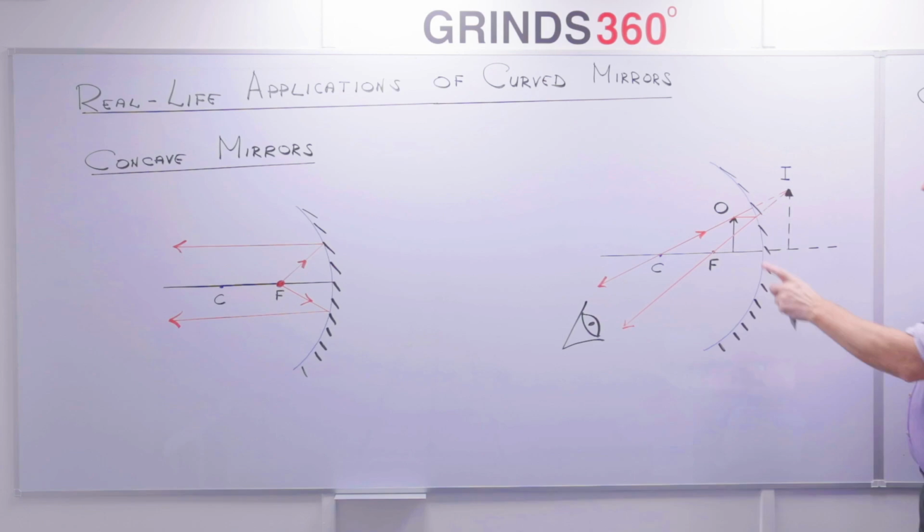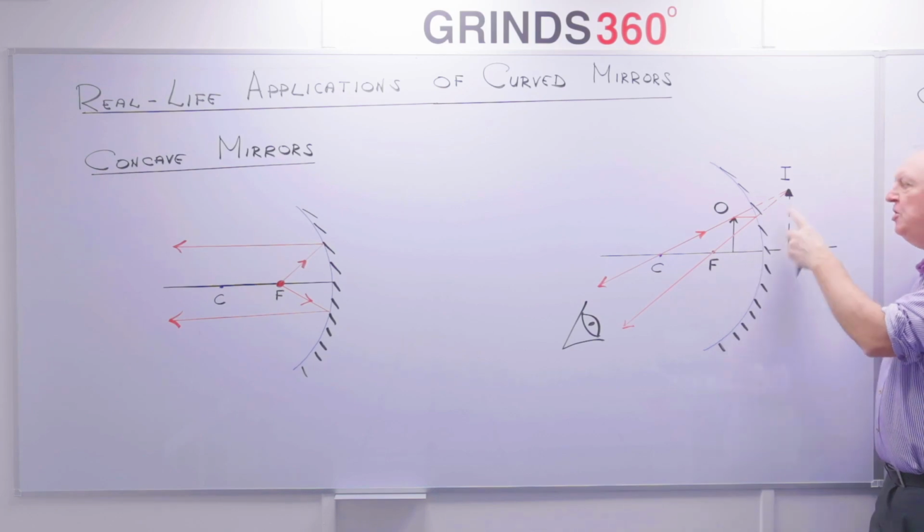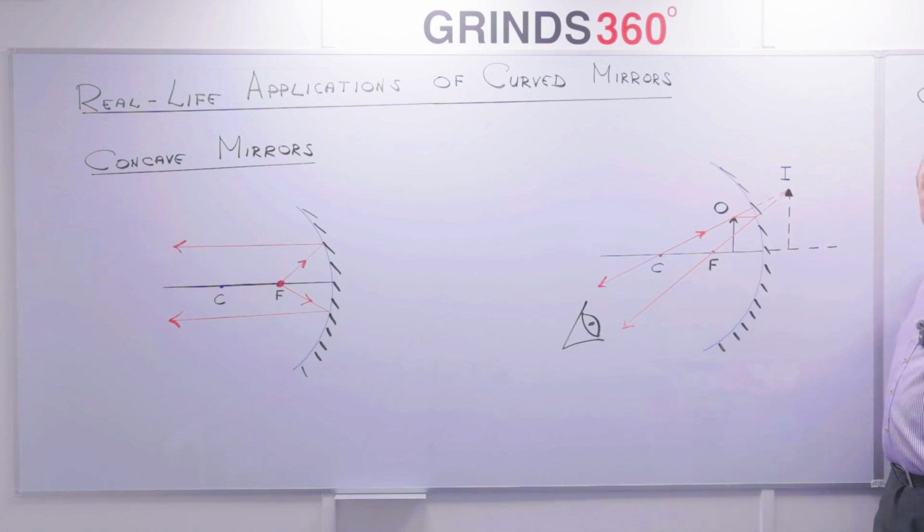So basically, we can use a concave mirror as a makeup mirror because if you place your face inside the focus, you will see an upright image, a magnified image of your face. A dentist will also use it because you can imagine you put that into someone's mouth and you get a magnified image of somebody's tooth, and it's the right way around.